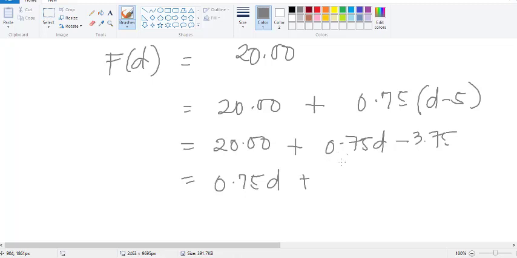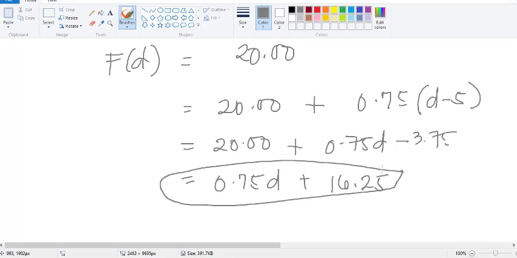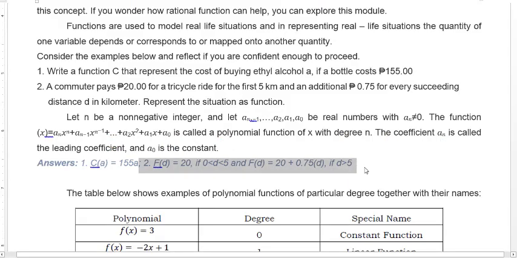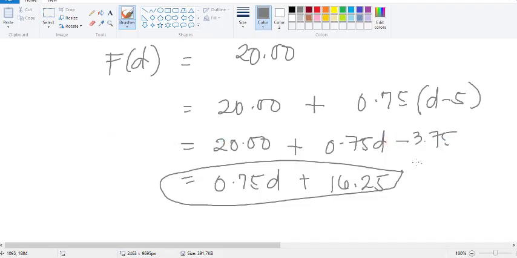So, that is 16.25. That is your second function. Okay. If D is greater than 5, ito ang magiging function mo.